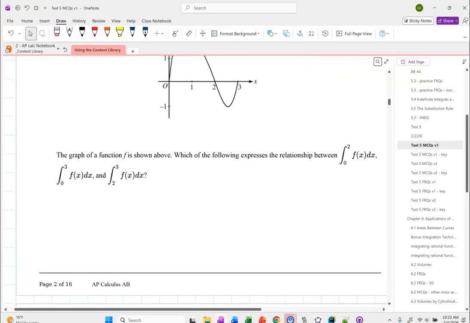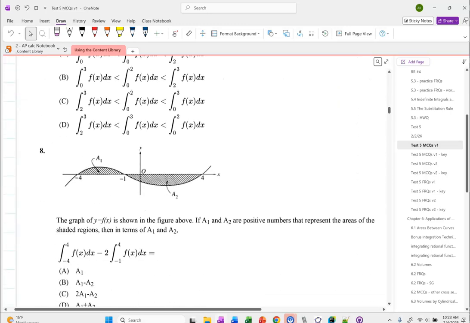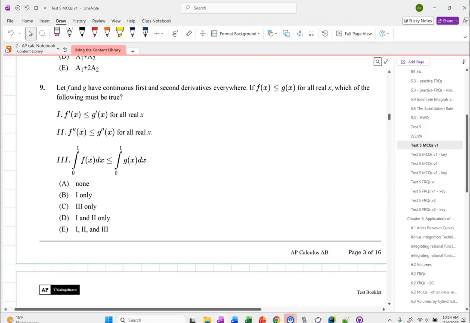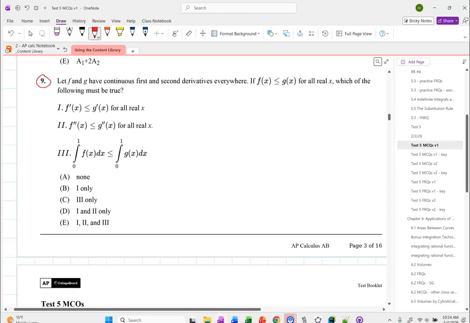Let's scroll, find another one. Concavity.